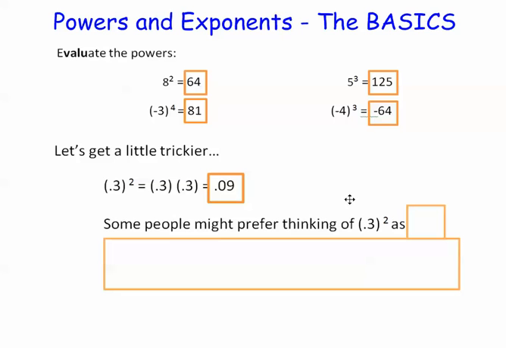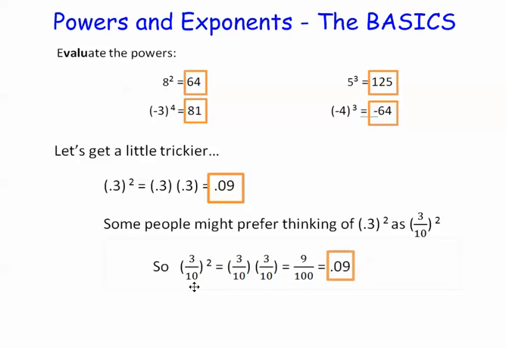Some people might prefer to think of 0.3 squared instead as 3/10 squared. So when you evaluate it, 3/10 squared is 3/10 times itself, which is 9/100, which again is 0.09.